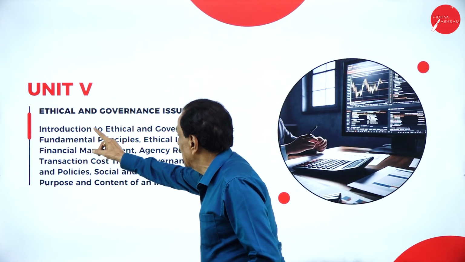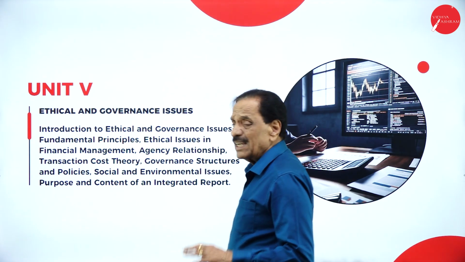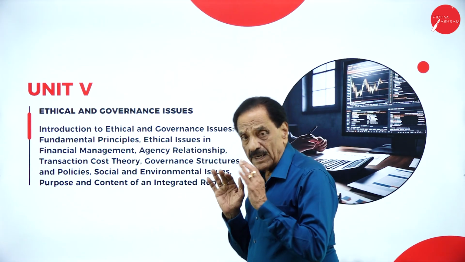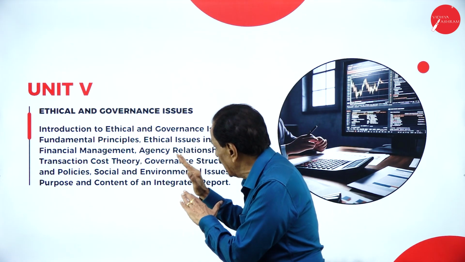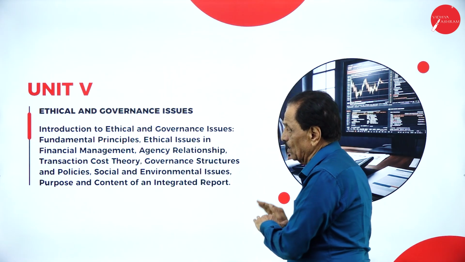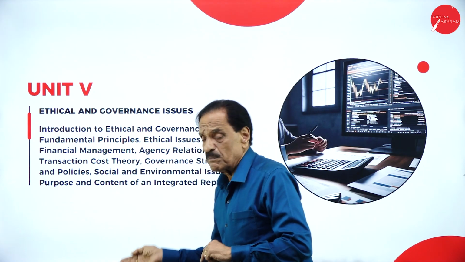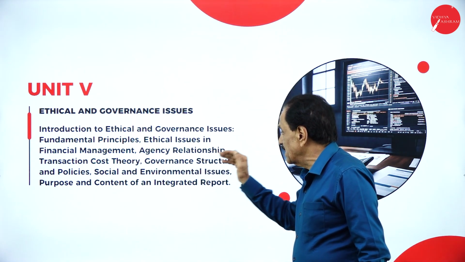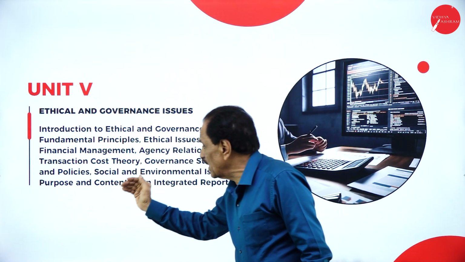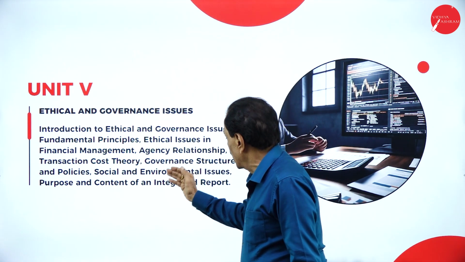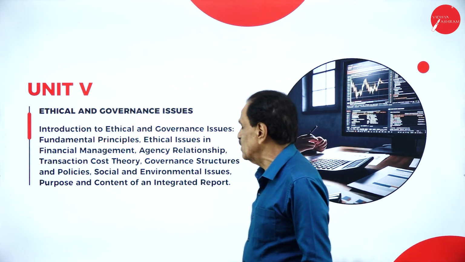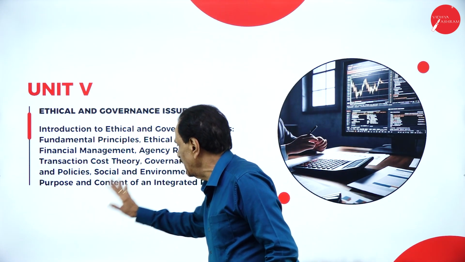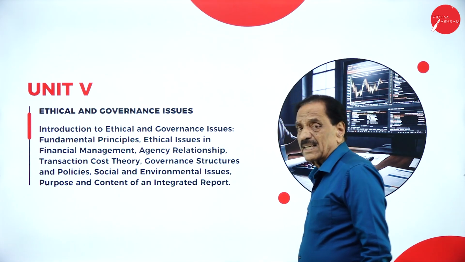Unit 5, ethical and governance issues. Introduction to ethical and governance issues, fundamental principles. What do you mean by ethical and governance issues? Fundamental principles, ethical issues in financial management, agency relationship, transaction cost theory, governance structures and policies, social and environmental issues, purpose and content of an integrated report.